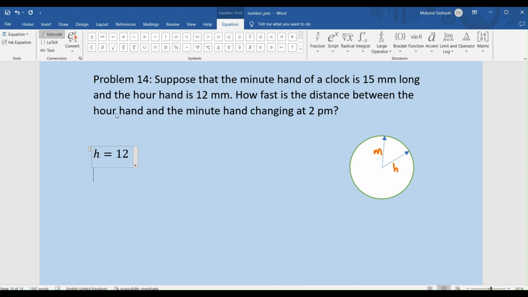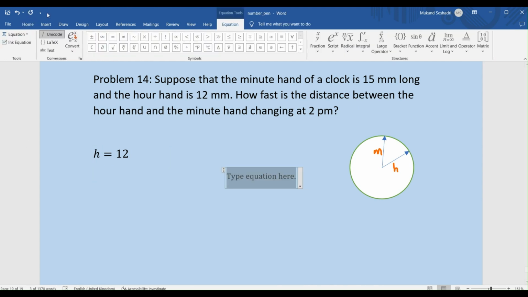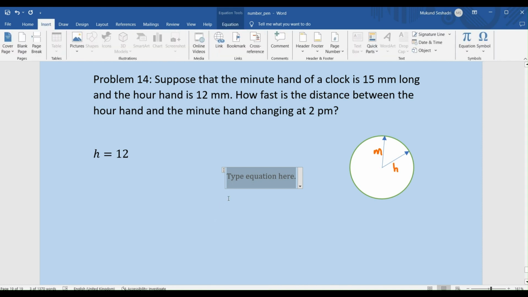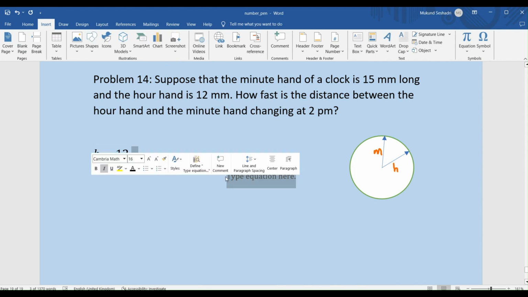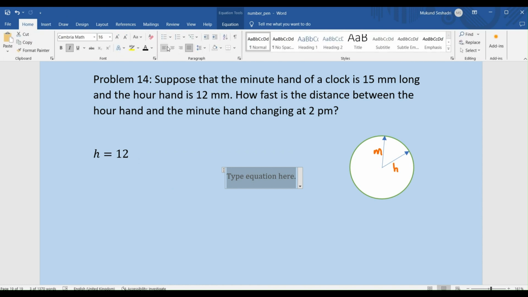And then I have my minute hand, which is M equals 15.